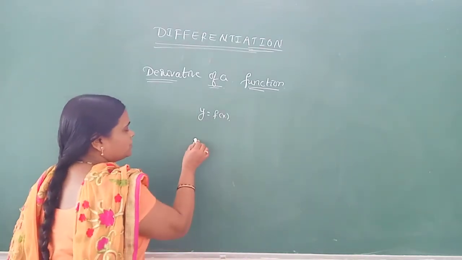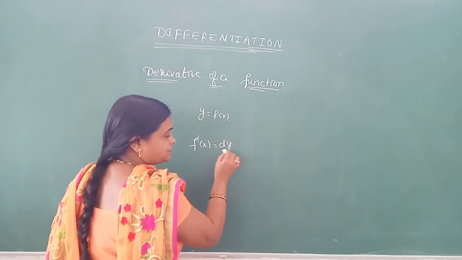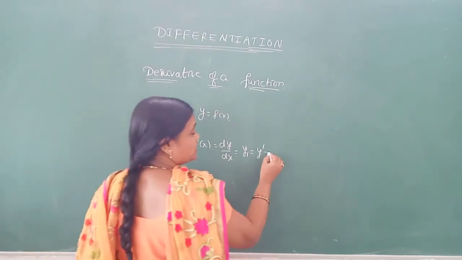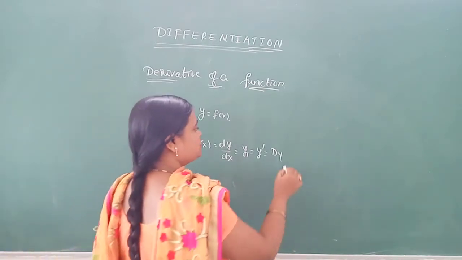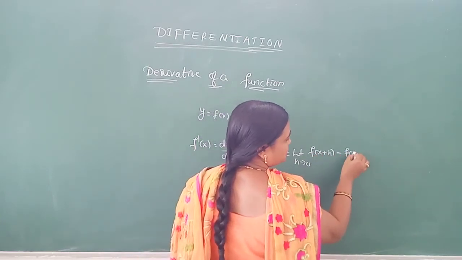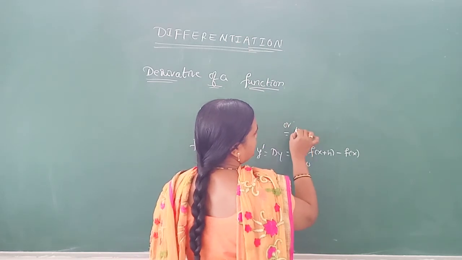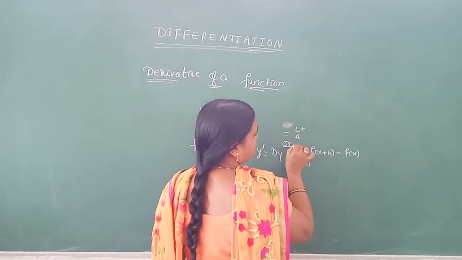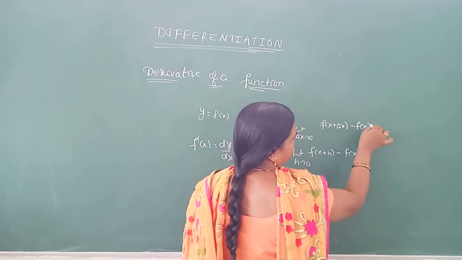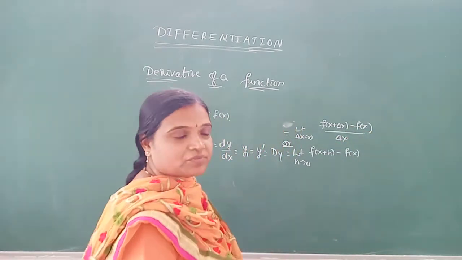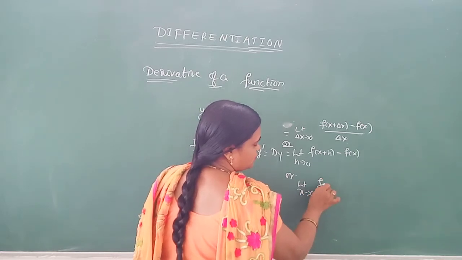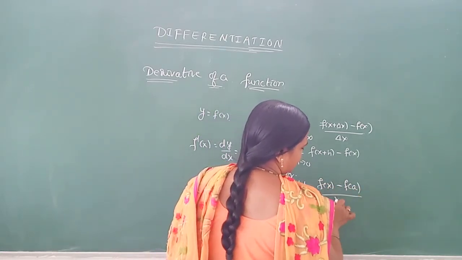Then we know that f dash of x, or dy by dx, or y1, or y dash is the limit as h tends to 0 of f of x plus h minus f of x divided by h, or in another form, the limit as delta x tends to 0 of f of x plus delta x minus f of x divided by delta x, or else the limit as x tends to a of f of x minus f of a divided by x minus a.